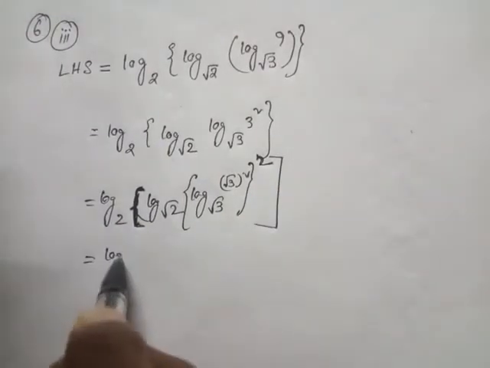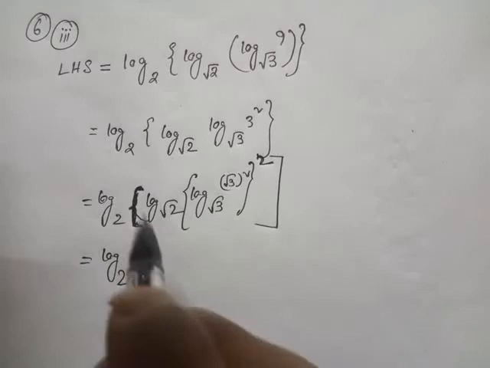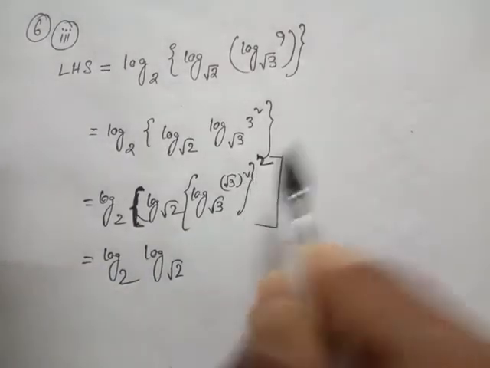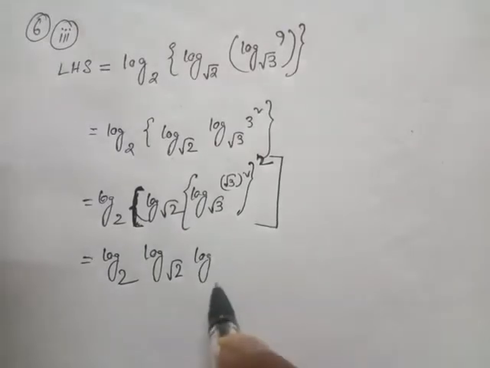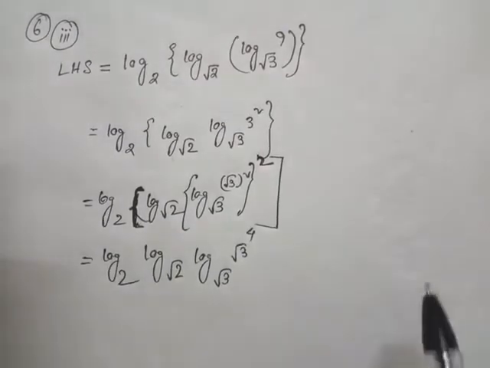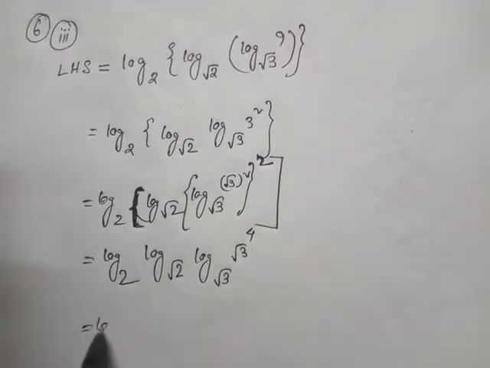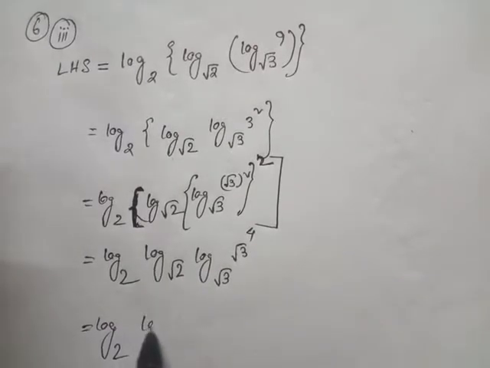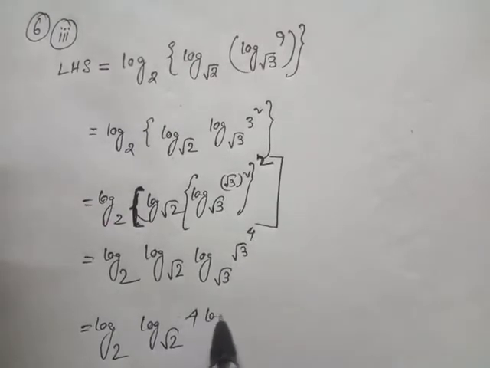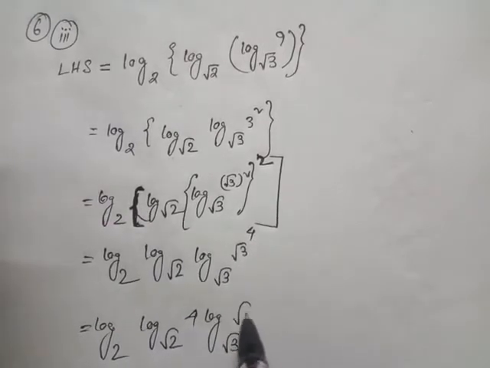Now look, log base 2 again, here is log root 2, now 2 into 2 is 4, so log root 3 and root 3 to the power 4. Now this will come down here, so students, log 2 will be here and log root 2, this 4 will come down here, 4, and log base root 3 and root 3.